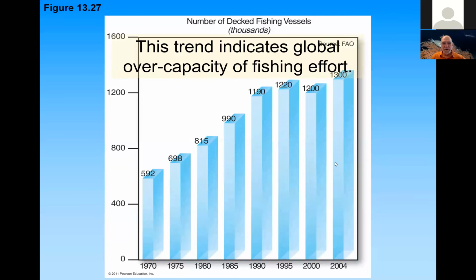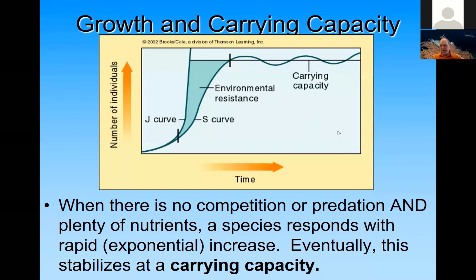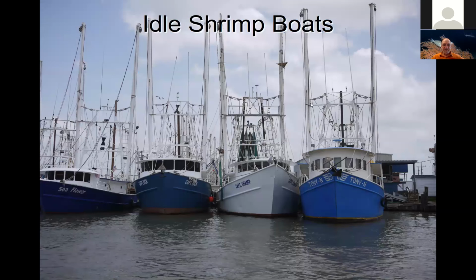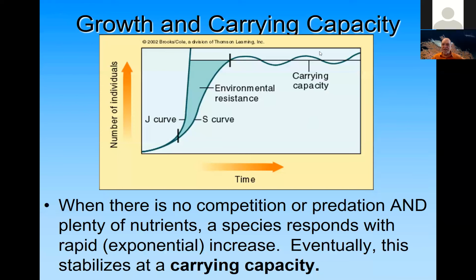Remember how this is a trend which is indicating the global overcapacity of the fishing effort. And this stabilization in the rate of growth, in this case not of a particular fish species, but of decked fishing vessels, that's increasing over time. Okay, and we can measure this, and that's like the logistic curve.